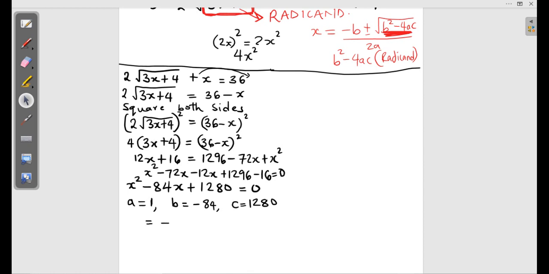And the formula says negative b plus or minus the square root of b squared minus 4ac, divided by 2a.